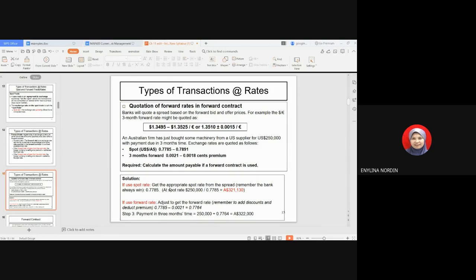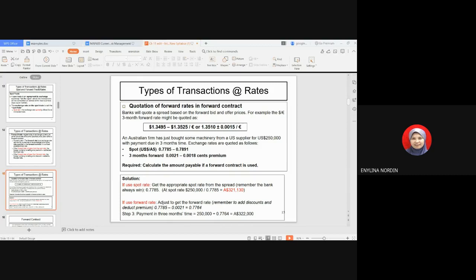Here we know that the Aussie firm buys the machinery in the US, so the Aussie company must pay in US dollars. That means the Aussie company has to buy the US dollar.